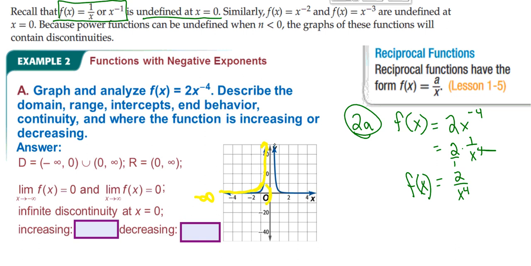And then as soon as we hop over that 0, it's super high and it's coming down, down, down, and it continues to decrease as we look at that. So that means that it is increasing from negative infinity to 0, and it is decreasing from 0 to positive infinity. And those intervals always use parentheses. We don't really use an endpoint as we do that.